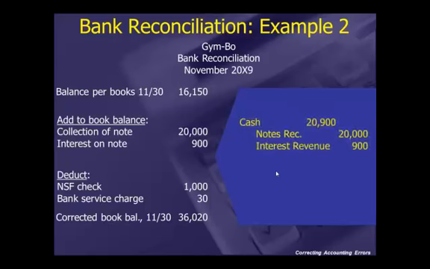So for the additions, we debit cash $20,900, credit notes receivable $20,000, and credit interest receivable $900. We debit accounts receivable for the non-sufficient funds check of $1,000 and credit cash. We're going to continue to try to collect the $1,000 from our customer. We have a miscellaneous expense debit of $30 for the bank service charge expense and a credit to cash.